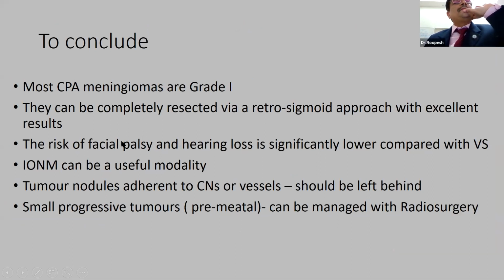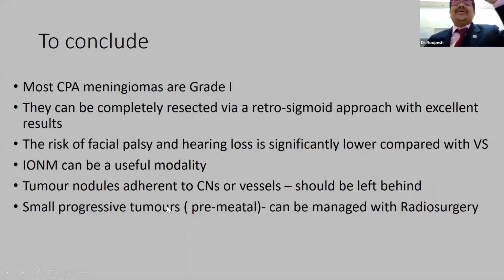So to conclude this talk, most cerebello-pontine angle meningiomas are grade 1. They are fibrous meningiomas, and they can sometimes be very vascular. With a good retrosigmoid approach, you can get the whole of the tumor with excellent results, with good neurological function also. The risk of facial and hearing loss is significantly lower when you compare with the vestibular schwannoma. And IONM, if it is available, is very helpful.